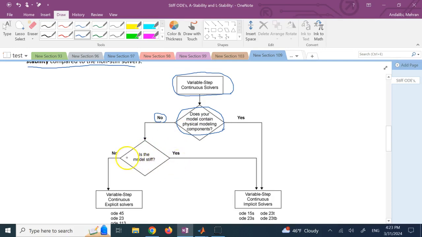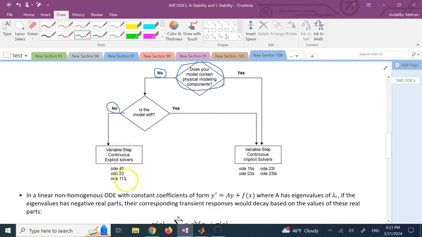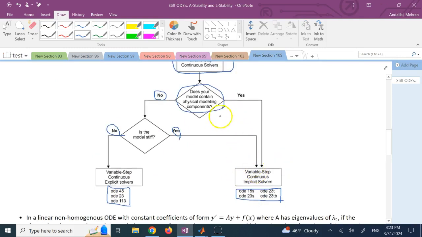Now if it's not stiff, then as I said, you solve it with ODE45, 23, or 113. If it is stiff, then you use these stiff solvers, okay? And you can also use these stiff solvers if your model does contain physical modeling components.